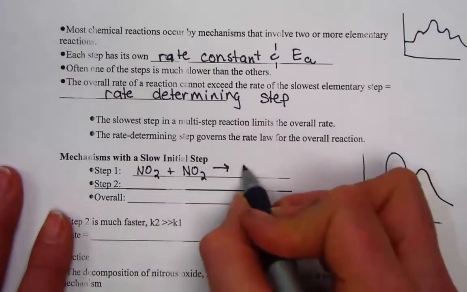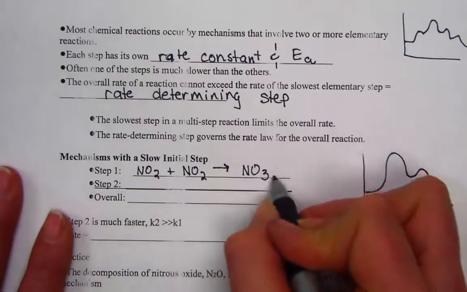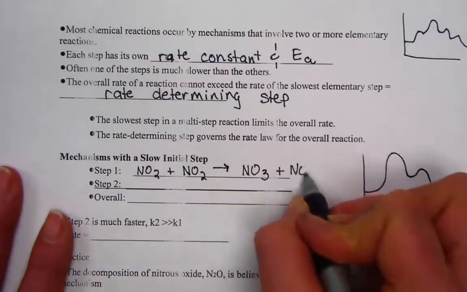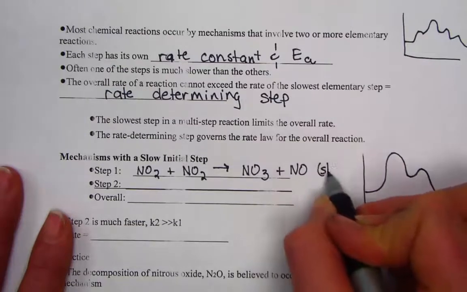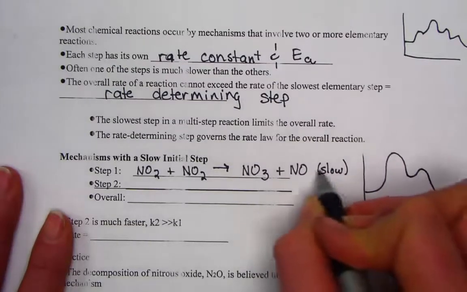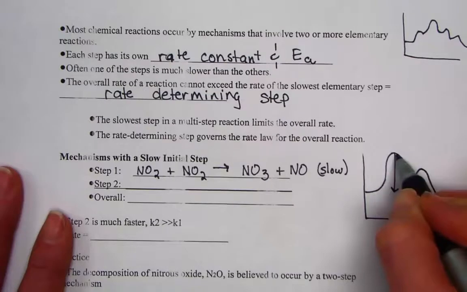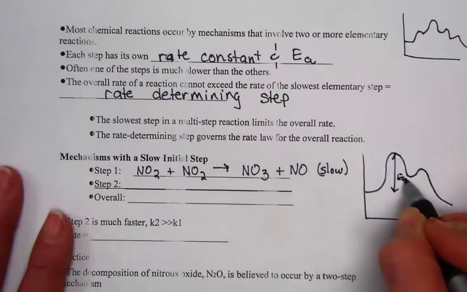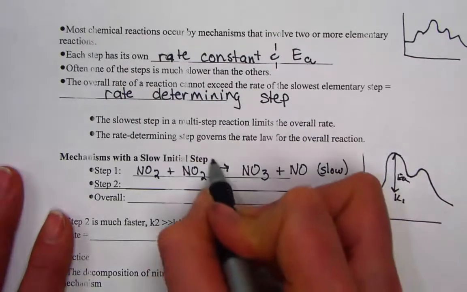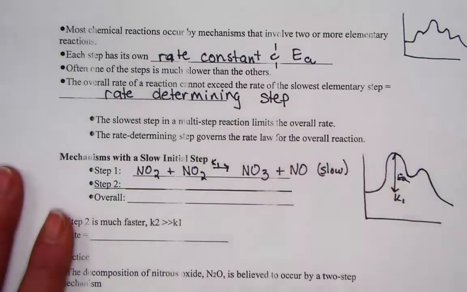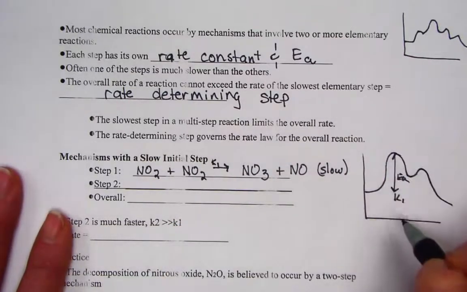It will form an NO3 molecule and an NO molecule. And I'm going to write in parentheses that this is the slow step, indicating that it has the largest activation energy, k1. I'll place the k1 on the arrow to show that its rate constant is coming from that first energy barrier.